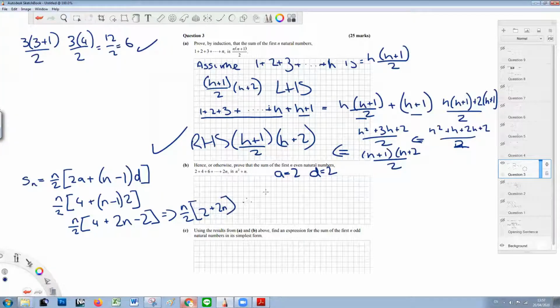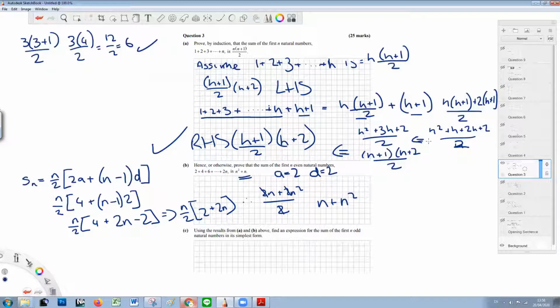Sub that back in. It's going to be (2n plus 2n squared) over 2. The 2s are going to cancel, so you're going to be left with n plus n squared, which is that. So that's it. You've proved the sum of the first n even natural numbers.